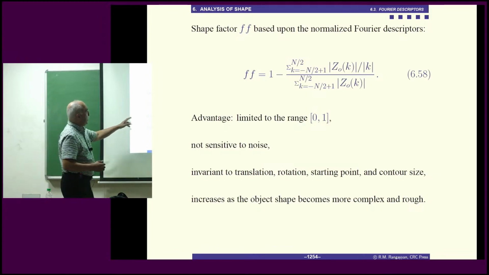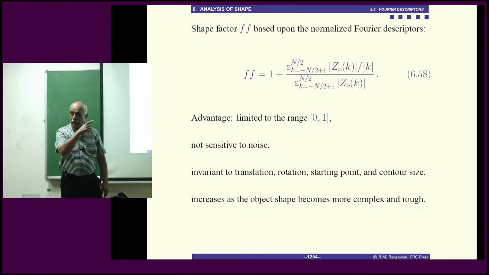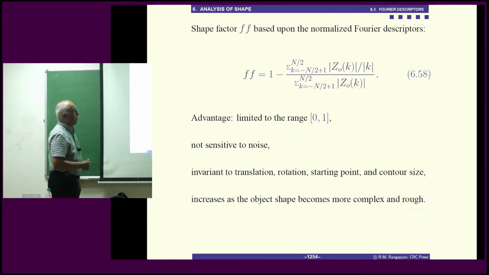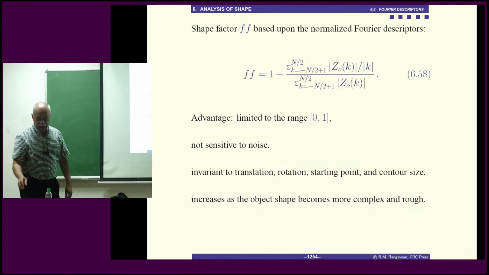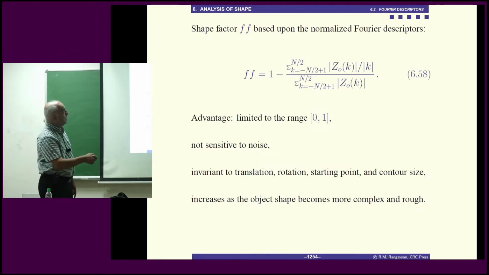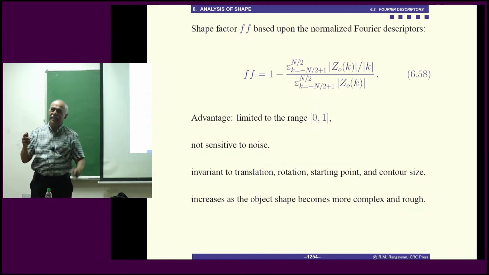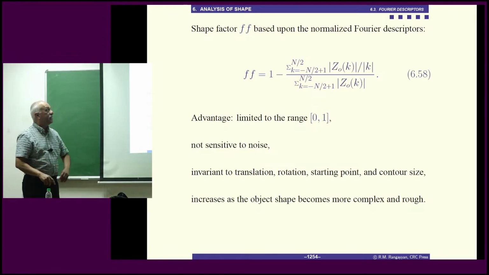It is invariant to translation, rotation, starting point, and contour size because of the other normalization already done. It increases as the object shape becomes more complex and rough within the range 0 to 1. So it is in a way low pass filtering here, and then normalizing, and 1 minus that. So 1 minus low pass is not exactly high pass, but it just gives you the opposite sense.